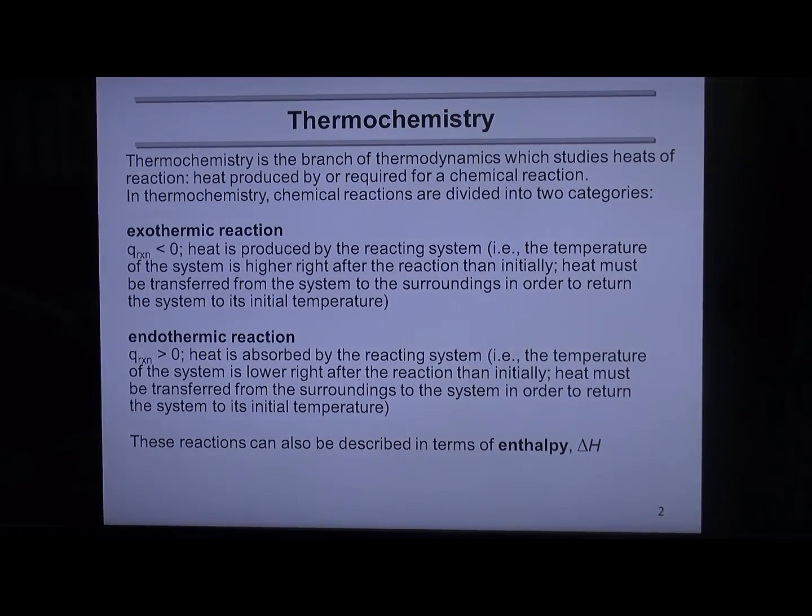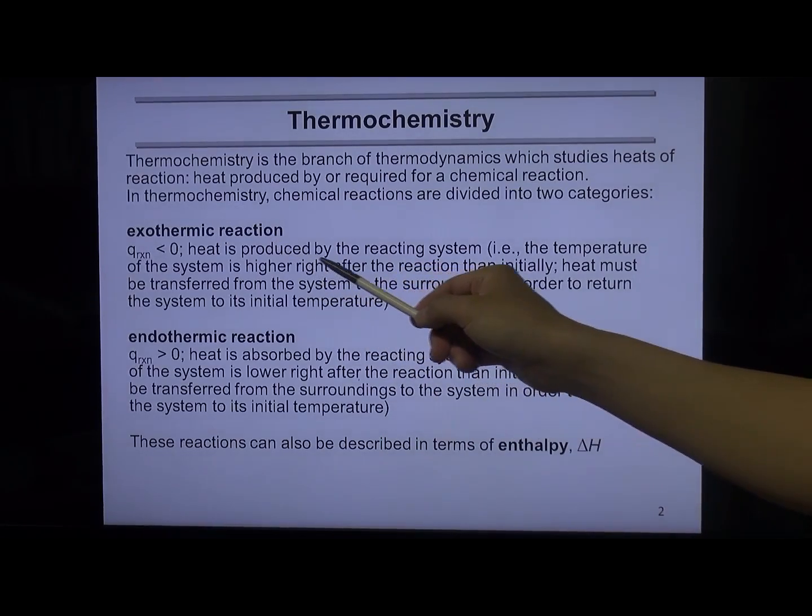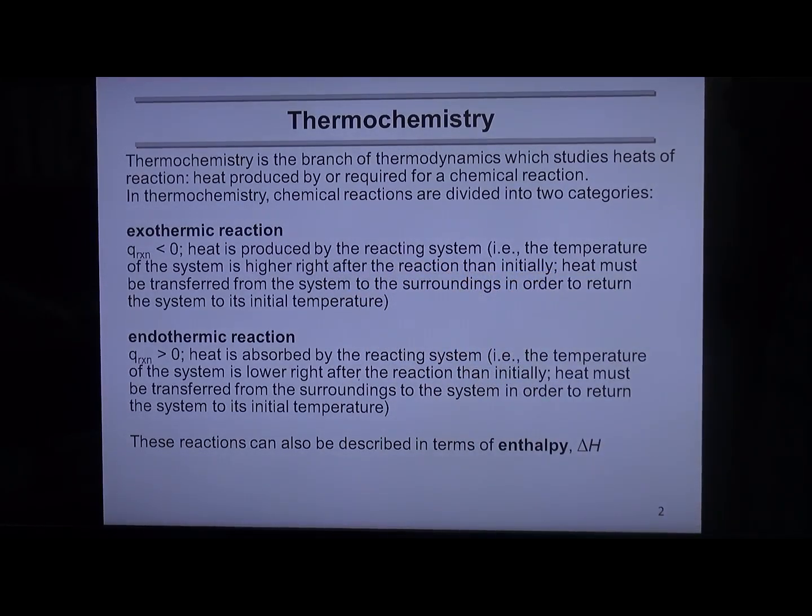As you all know, during chemical reaction, heat could be either produced or absorbed, right? The reaction that produces the heat during the reaction is called exothermic reaction, right? So for exothermic reaction, Q is negative, right?